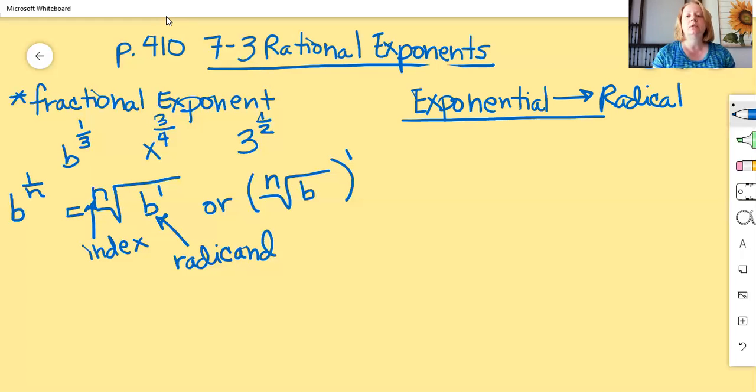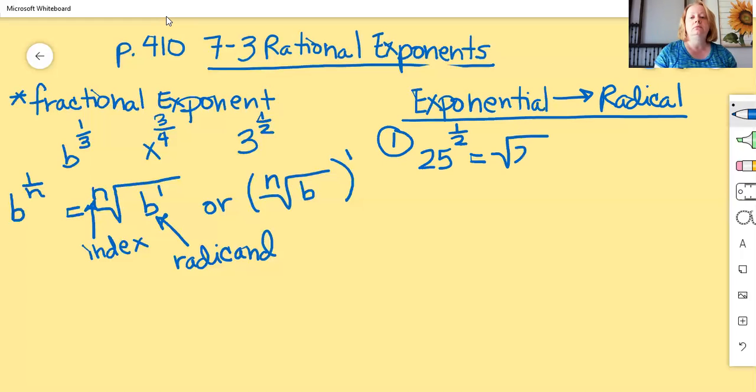So, okay, first we're going to start off with a base here, 25, and it's raised to the 1/2 power, okay? So that means it's just the square root of 25.